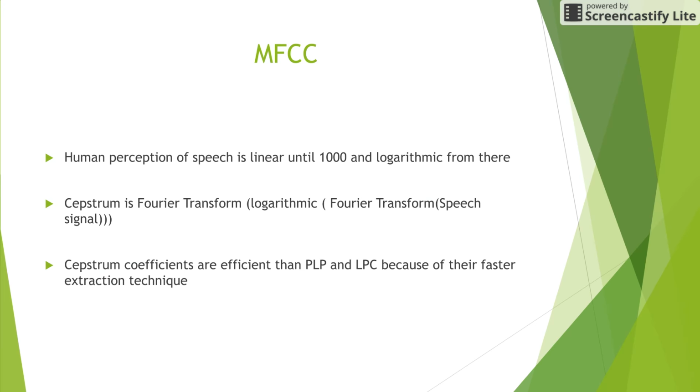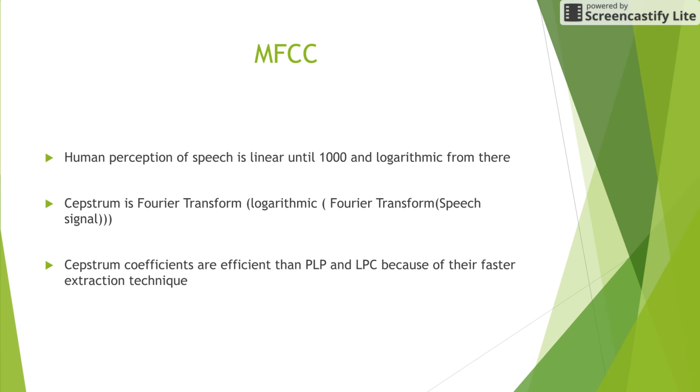So when the perception of speech exceeds 1,000, that's when our logarithmic function comes in. So every cepstrum is a Fourier transform. It is generally logarithmic because that's the unique feature a person can have after perception is greater than 1,000. So that is what we are going to exploit here in our algorithm.